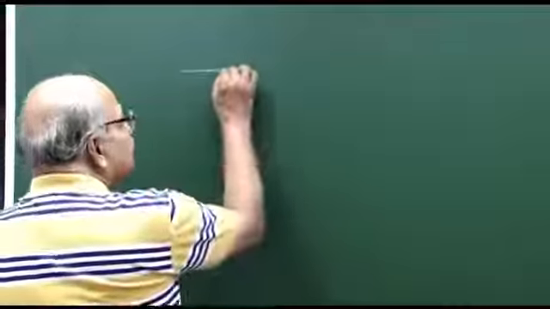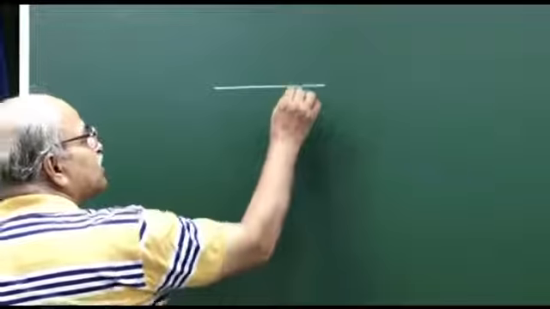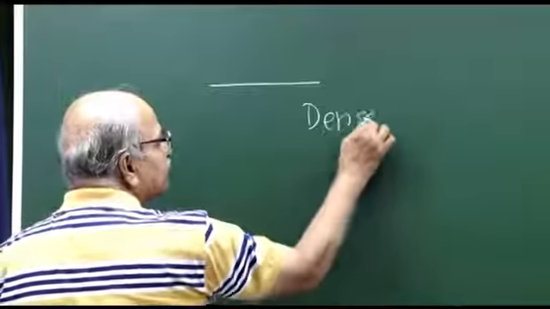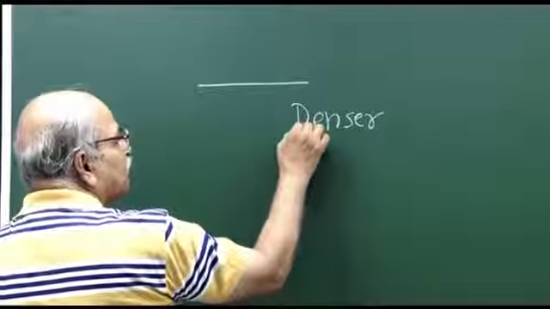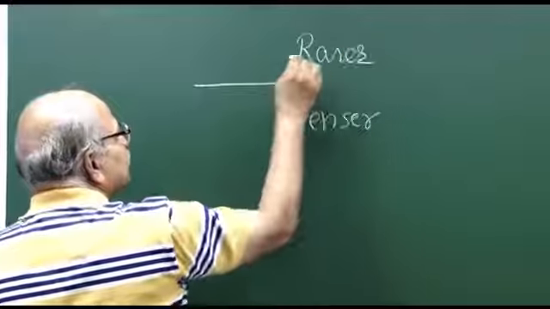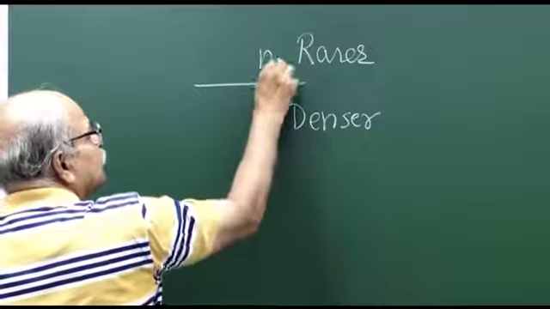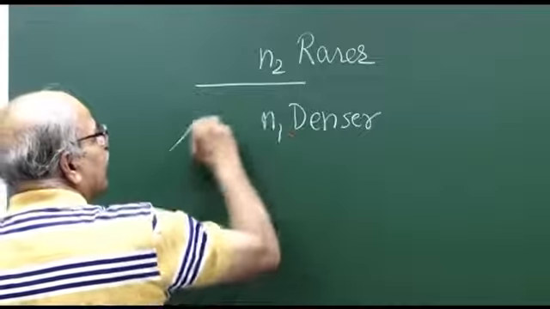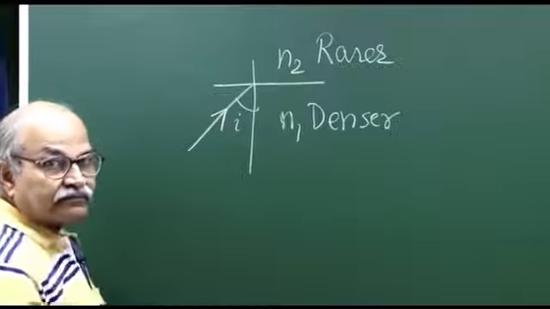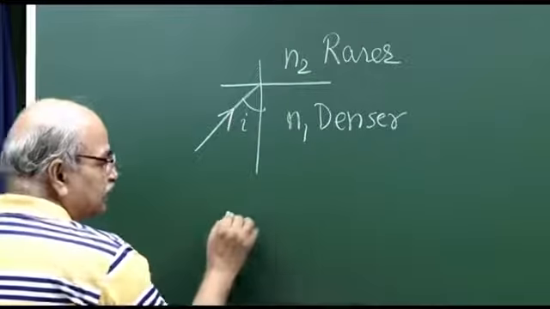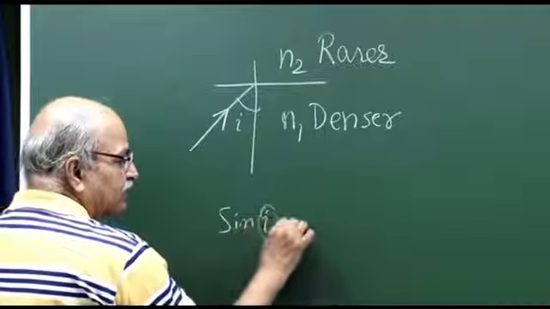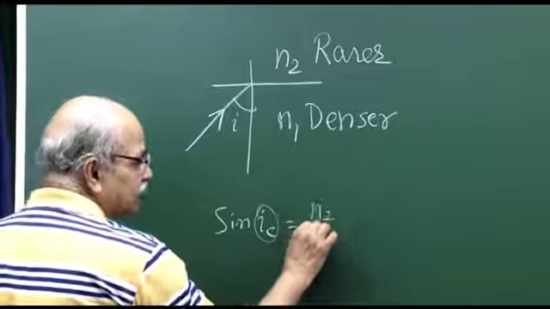If you have a separation surface here and you have a denser material here, optically denser, that means more refractive index, and rarer medium here. So this is, let us say, N2 and this is, let us say, N1, and light goes like this and this is the angle. So we say that sine of IC, this is the critical angle, should be equal to N2 by N1.